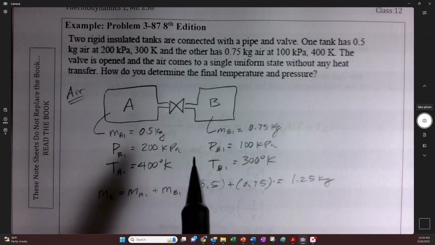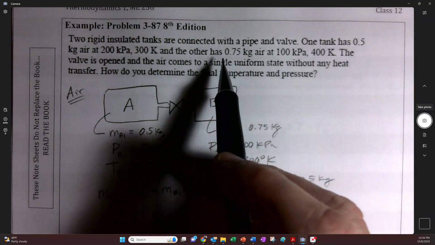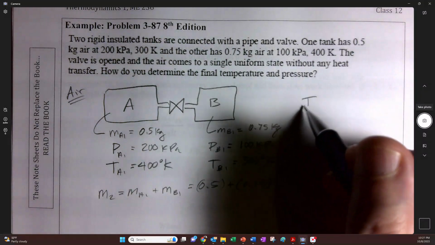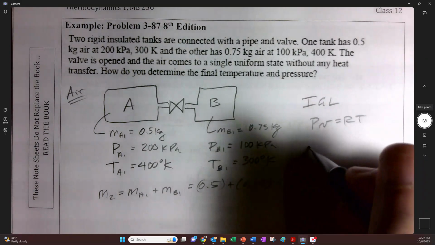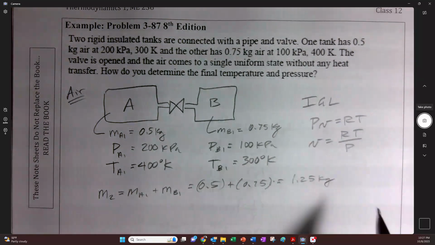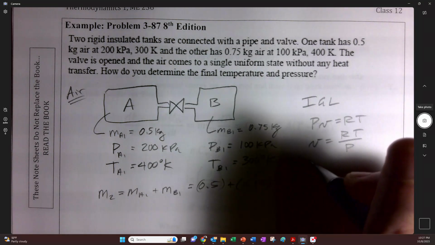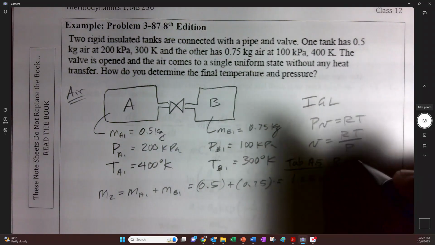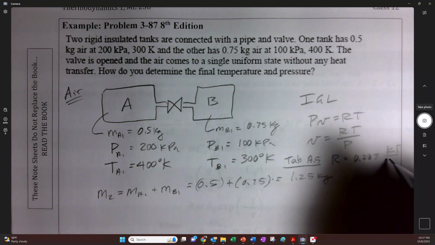If we want to find the specific volume, we could use the ideal gas law, PV equals RT, so V is equal to RT over P. We need to get R, and this is air, so we go to table A5, and R for air is 0.287 kilojoules per kilogram Kelvin.